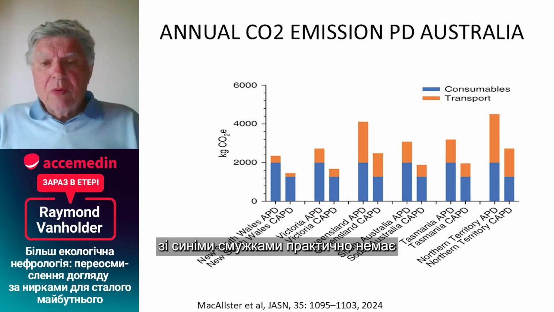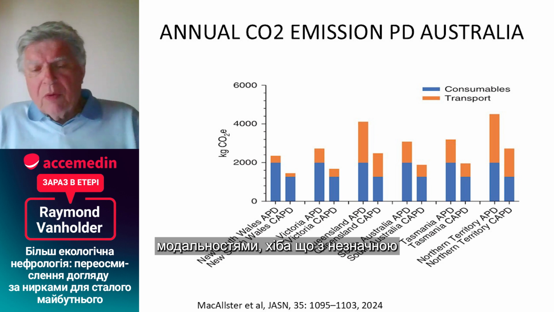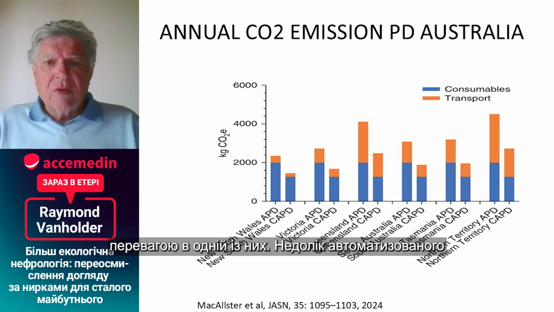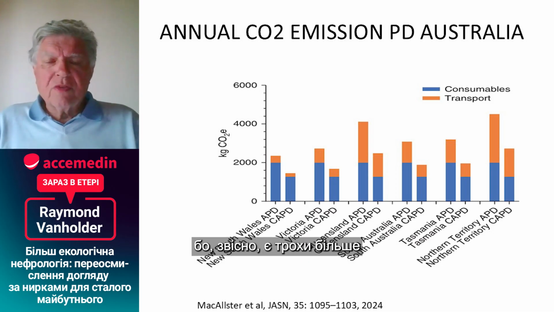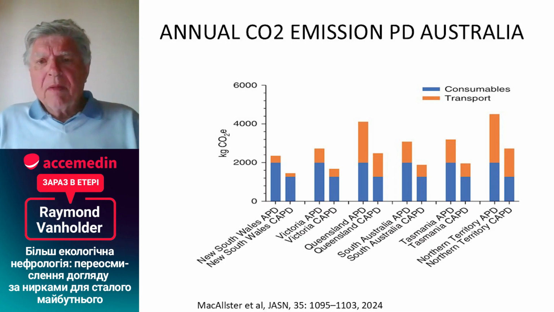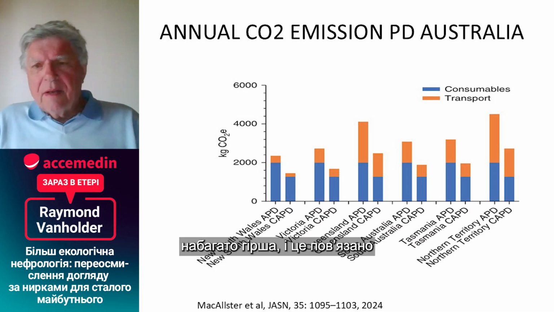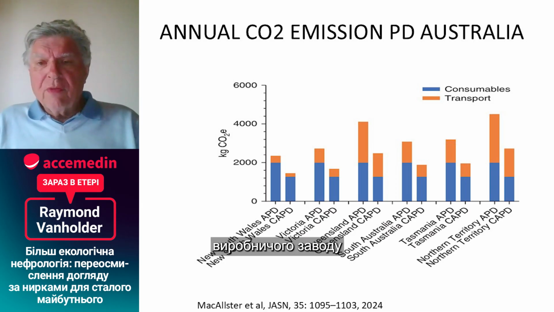So as you can see with the blue bars, there is virtually no difference among regions between the two modalities, with a little more disadvantage for automated PD, which is logical because, of course, there is a bit more electricity consumption. But the big difference is in the orange, it is in the transport. And there are regions who are doing much worse, and that is just simply related to the fact that they are more remote from the manufacturing plant of the peritoneal fluid.